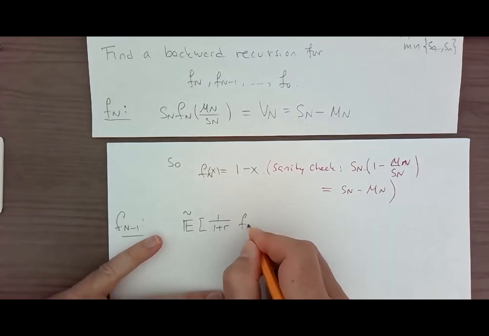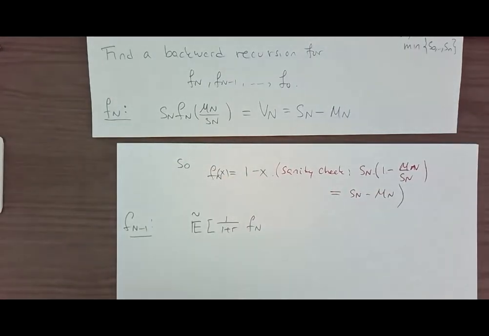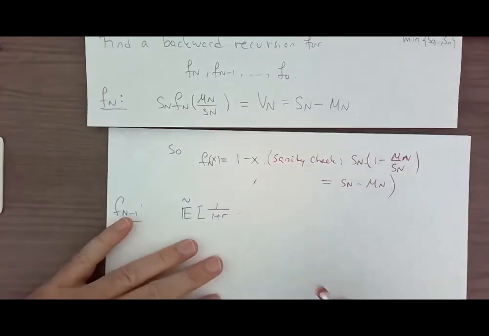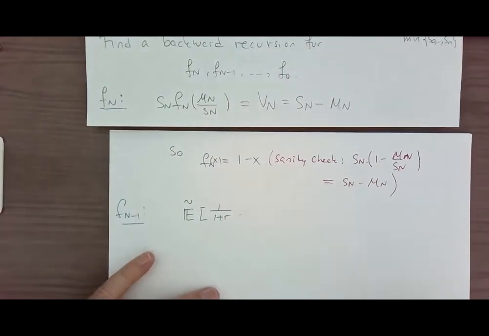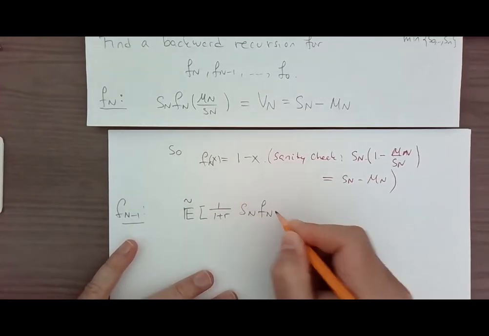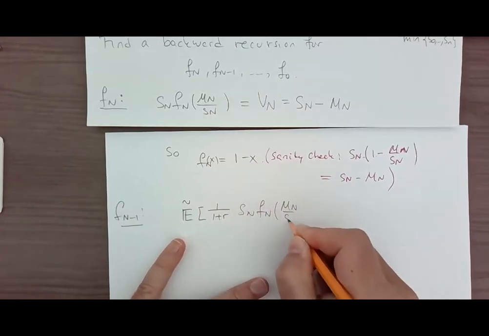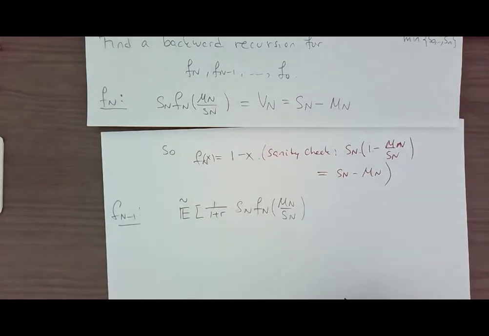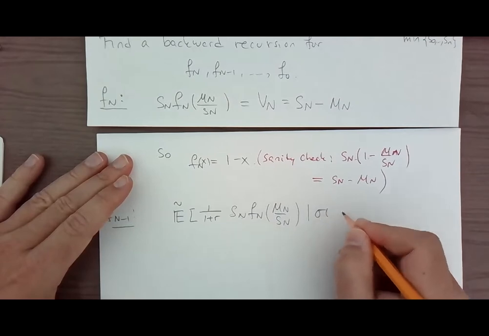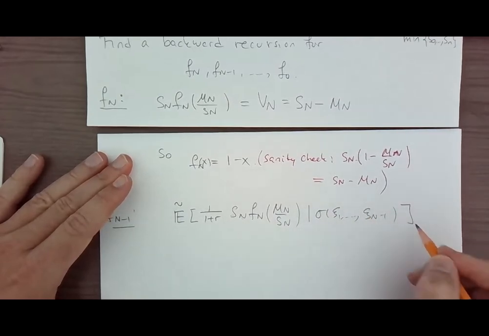Here we need Sn times fn of Mn divided by Sn, given the sigma algebra of the first n minus 1 coin flips.